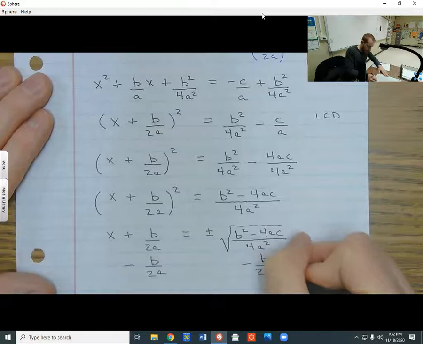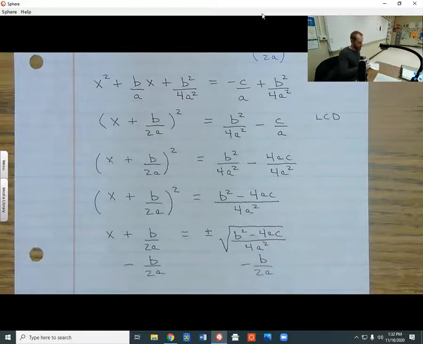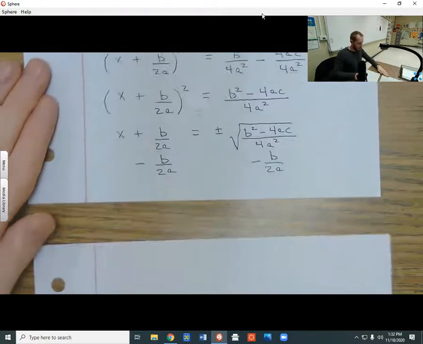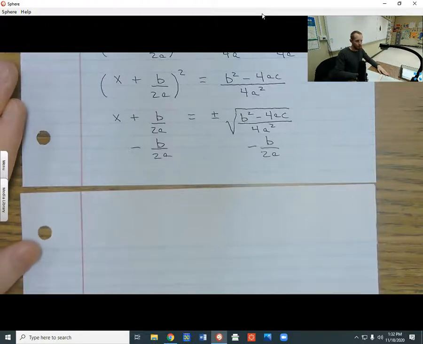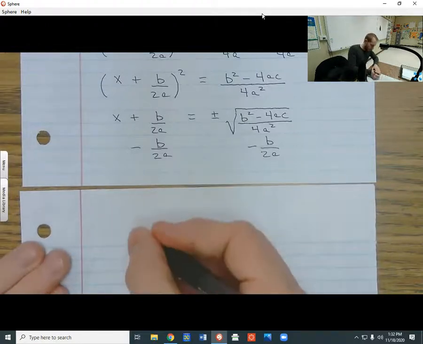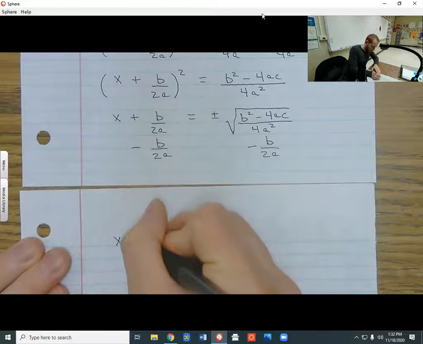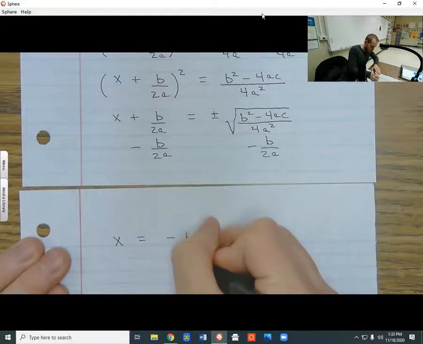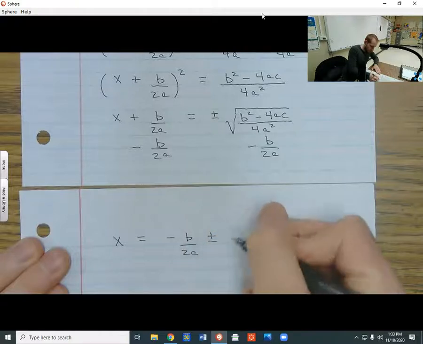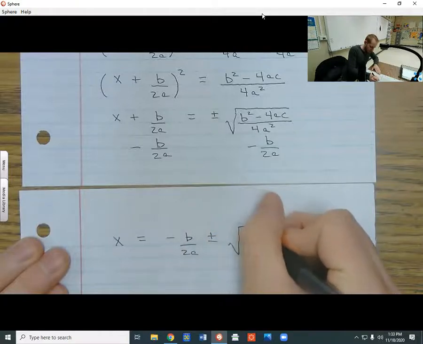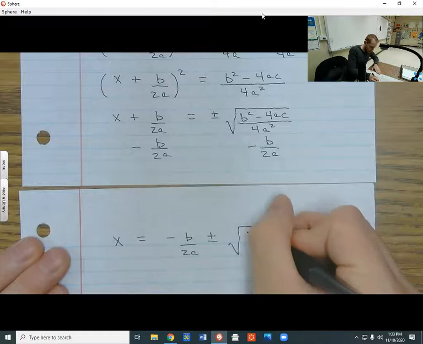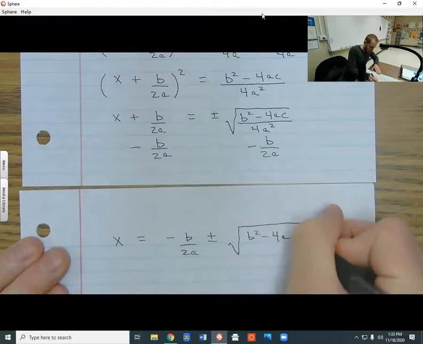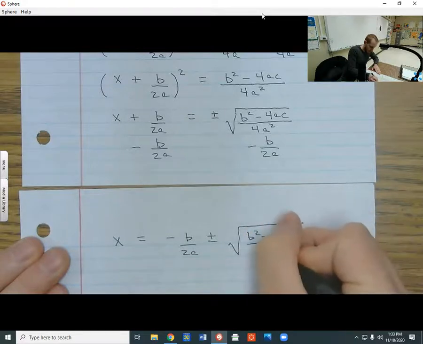So when I do that, what's going to happen is I'm going to have the left side just being equal to x. So I'm going to have x equals negative b over 2a plus or minus the square root of this big old fraction, b squared minus 4ac on top, and on the bottom I have 4a squared.